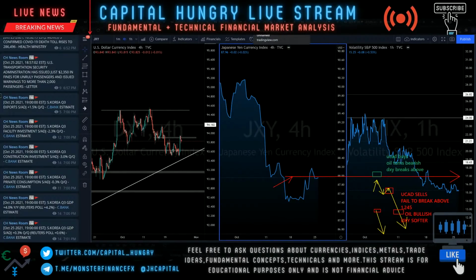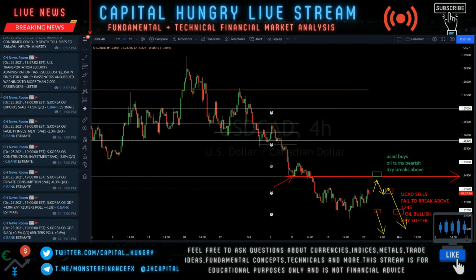Screen froze for a second. But otherwise, I'm still looking for the potential sell plays. We're just having a consolidation at lows being printed, and we need a break above 1.245 to validate the buys, as well as oil turning bearish.